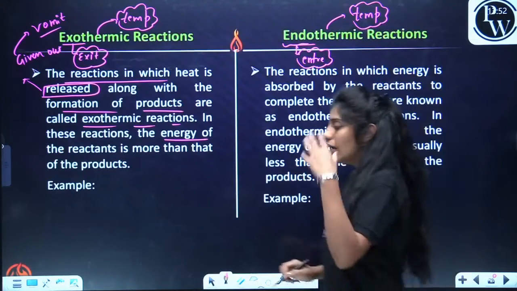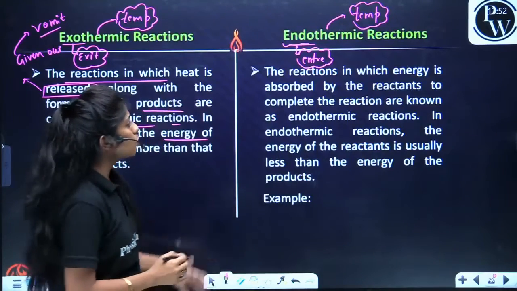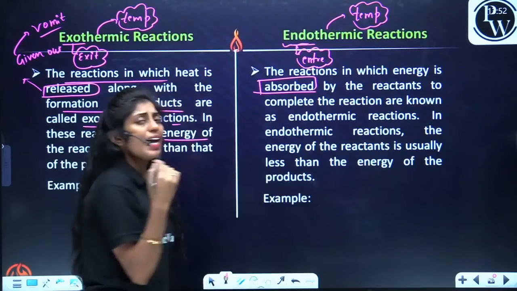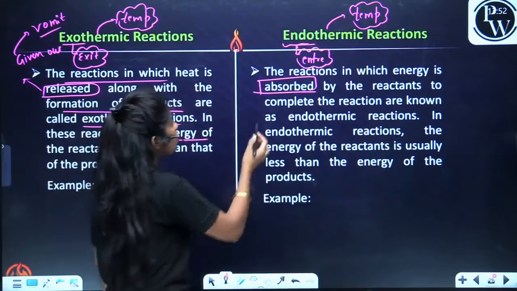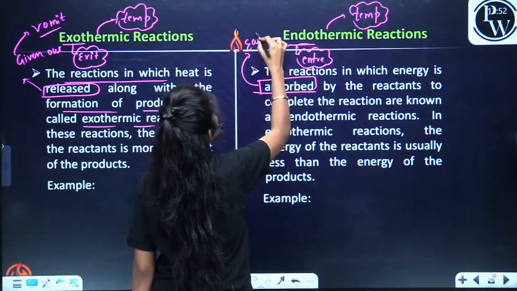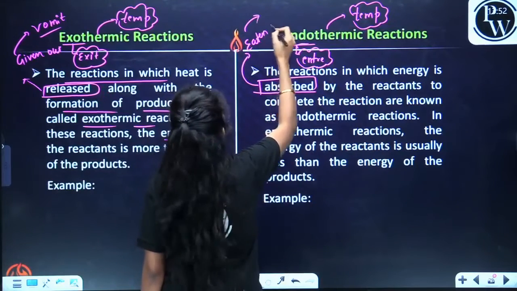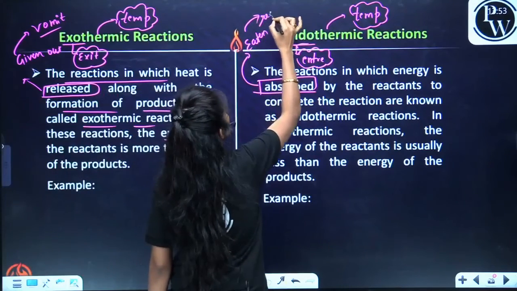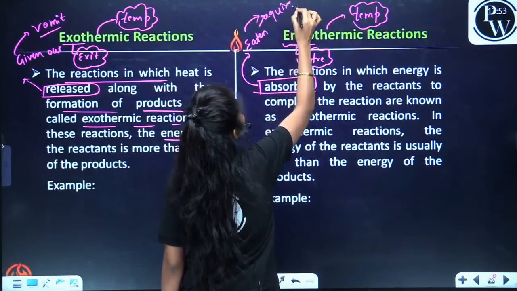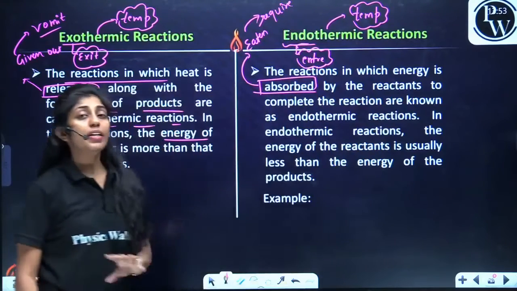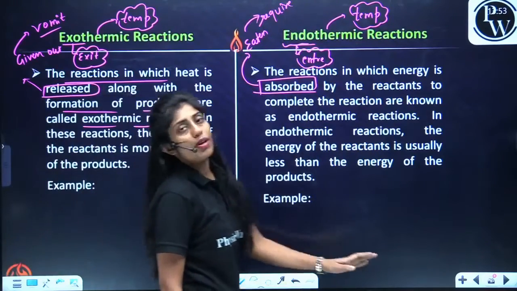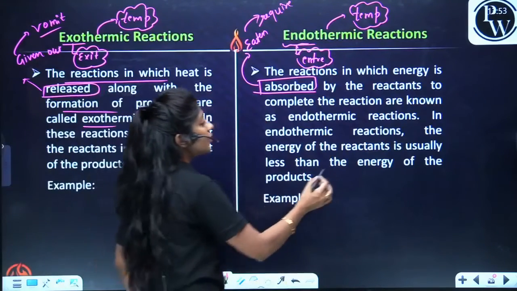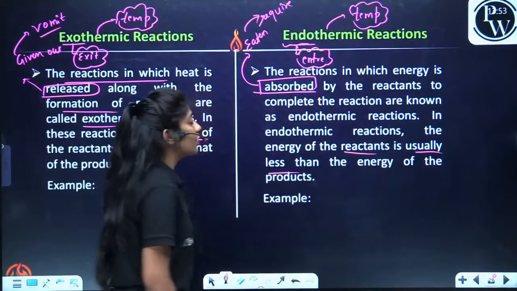So endothermic reactions are those reactions which absorb heat or energy, which is required by the reactants to complete the reaction in order to form the new products. In an endothermic reaction, the energy of the reactants is usually less than the energy of the products.